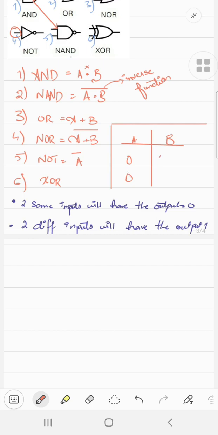For example, 0 0. In this situation, you see where we are having two same inputs, you will be getting the output 0. When you have different inputs, you will be getting the output 1. This is the explanation for the XOR gate.